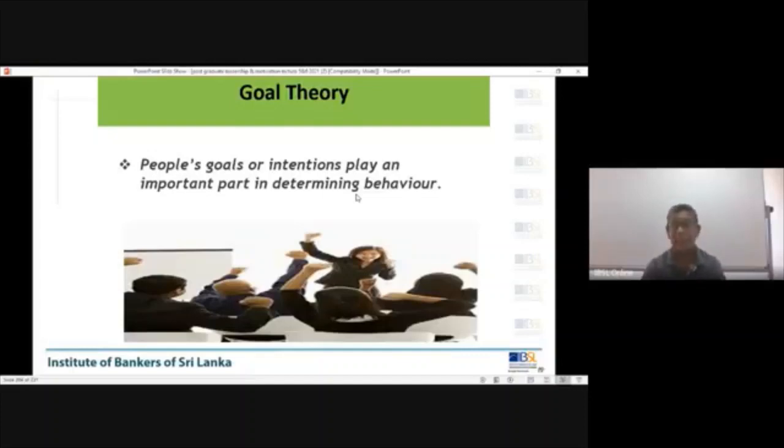That is simply the goal theory. If you want to motivate an individual, first you must clarify his targets, preferably discuss with your employee and come to a certain conclusion.